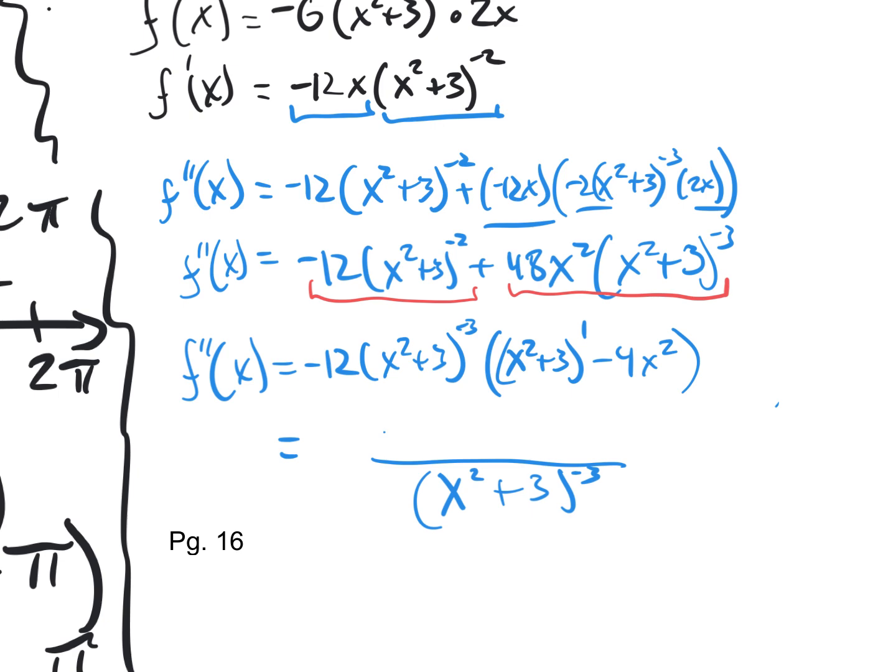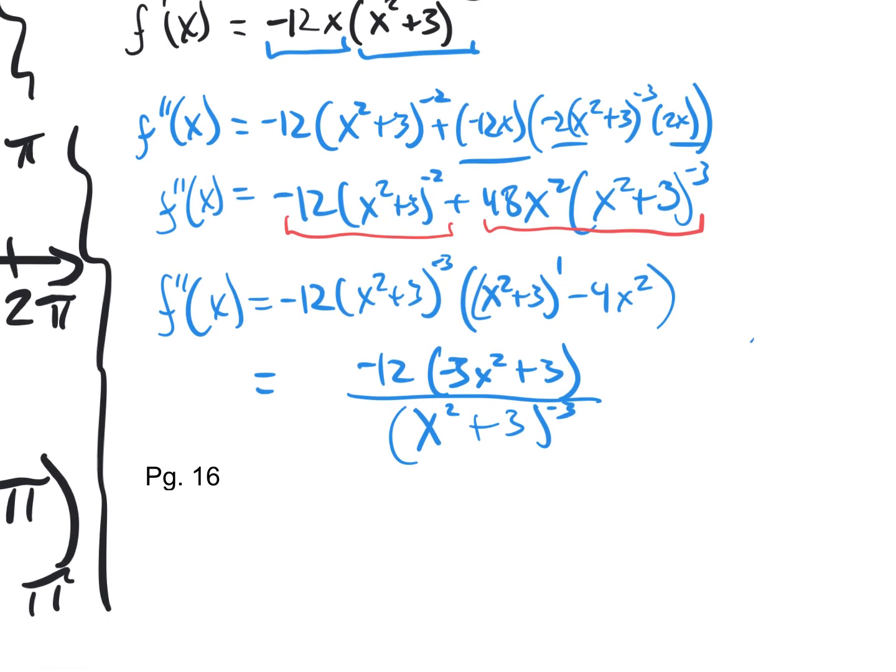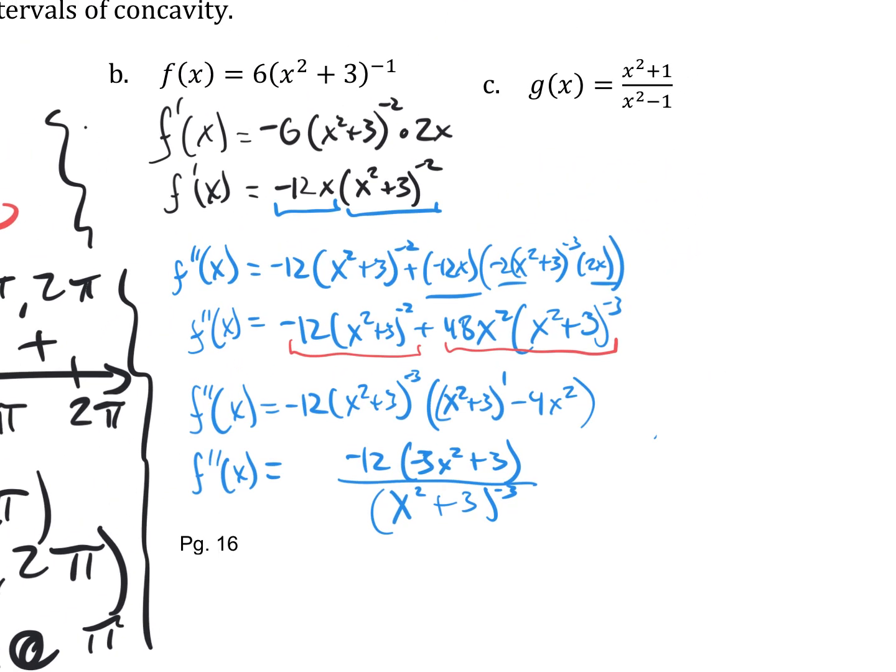And we're left with a negative 12 up top. And this whole thing cleans up. We don't need that first power, because first power doesn't change anything. X squared minus 4x squared, I believe that is negative 3x squared plus the 3. And there we have it. And, well, we could distribute that out, but that's probably good enough there. All right, so we found our second derivative.